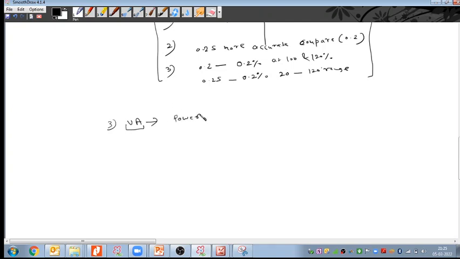Am I correct? Power we express in kVA, MVA, or VA. First of all, the VA is clear, that is the power. Power means what? When we take the CT and on the CT secondary side we put some load, some meters, or any instrument we are connecting.